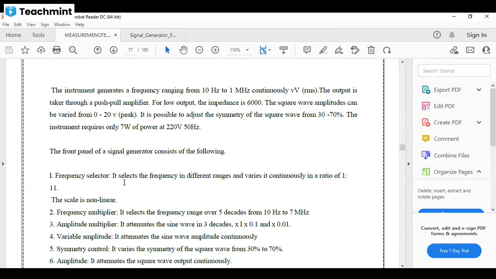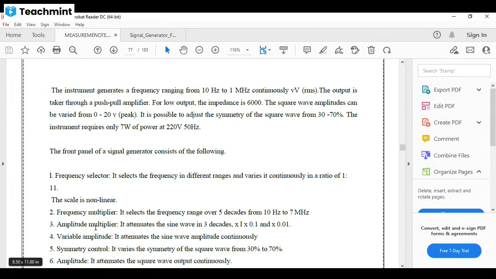Another is the frequency multiplier. What is the function of the frequency multiplier? It selects the frequency range over 5 decades from 7 megahertz, and attributes the sine waves in 3 decades of multiplying of 1, 0.1 and 0.01.